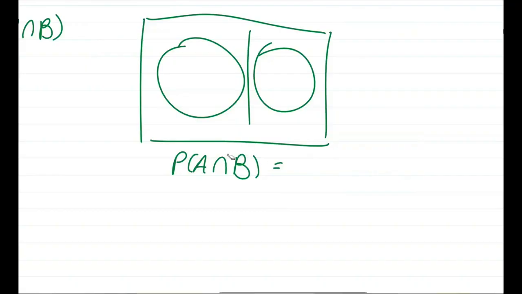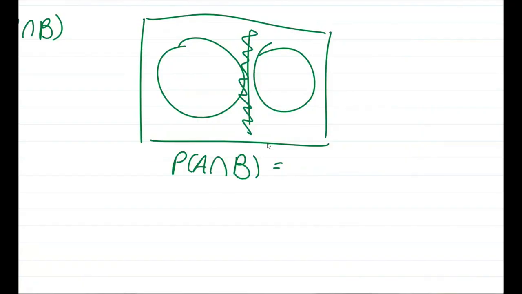I think you gave the rule now for A or B. If they're mutually exclusive, the probability of A plus the probability of B will be equal to the probability of A or B. But if we have the probability of A and B in a mutually exclusive situation, because there's nothing here, what will be the probability of A and B?